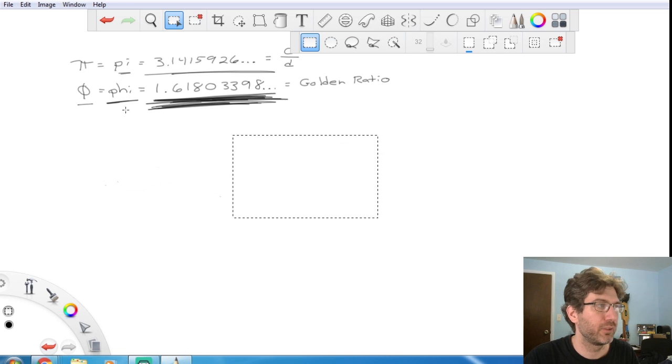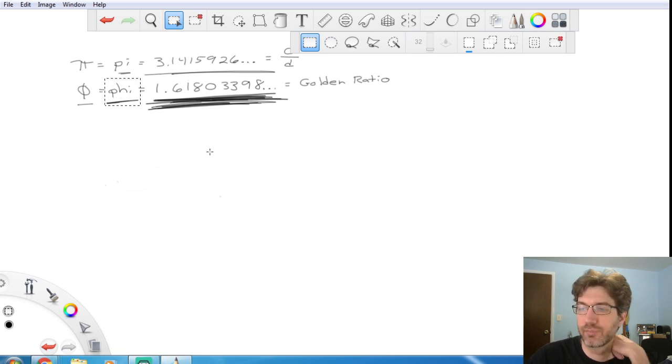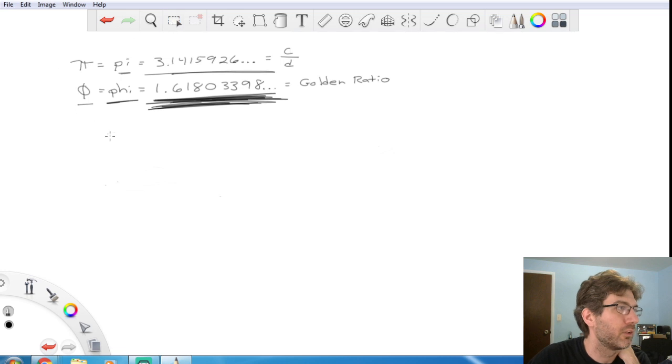Phi, phi, right here. And do not confuse it with theta. Don't confuse it with theta. Phi, the line is vertical, theta, the line is horizontal. This is used in trig for angle measurements.